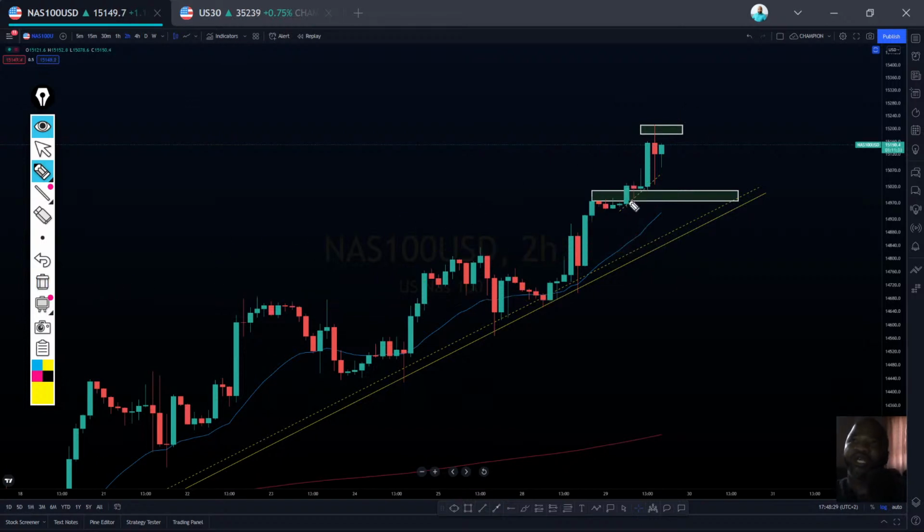As you can see, it gave us just a little pushback, which is a retest of this previous resistance, and pushed towards the upside.